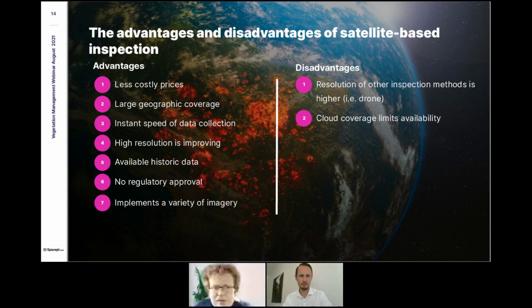Now, one disadvantage is in some regions, due to cloud coverage, it is not possible to inspect the lines very often, or right after a storm, for example. But this can be alleviated to a certain degree by using synthetic aperture radar imaging.